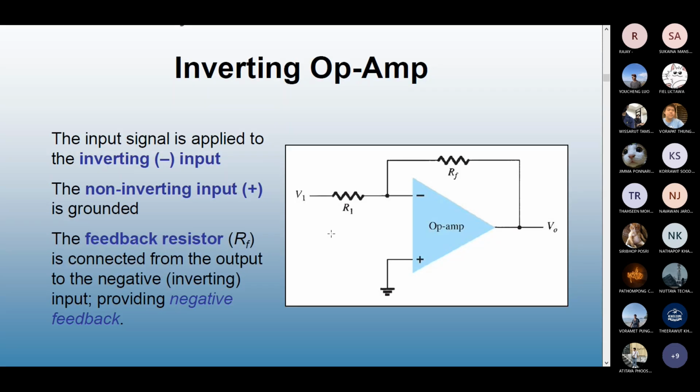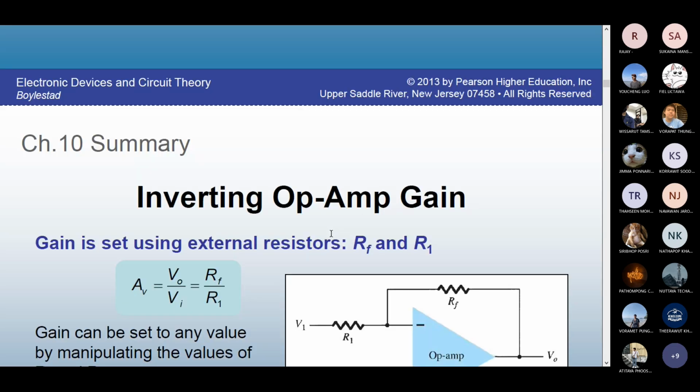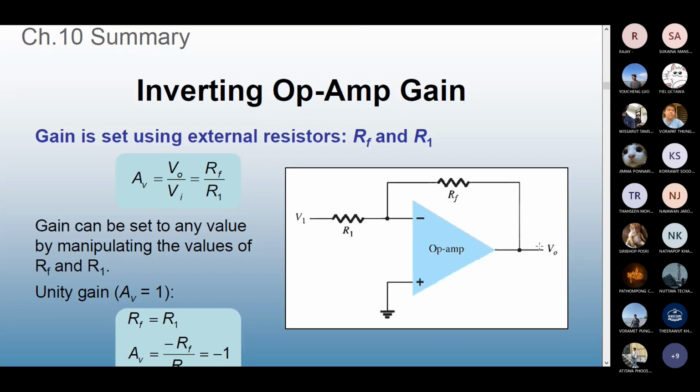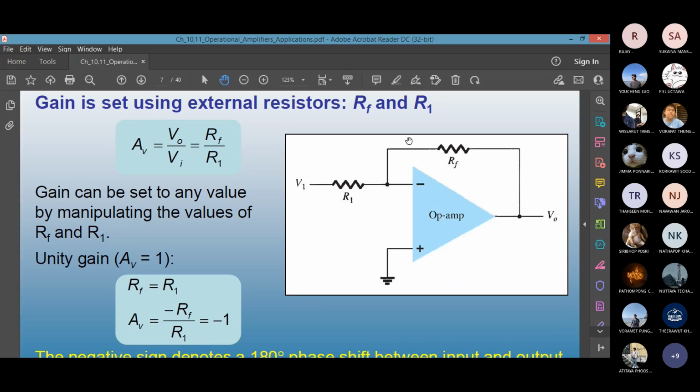You can actually calculate the gain. The voltage gain of this inverting op amp is negative RF over R1 times the input voltage. There's a derivation which I often ask. Here's the derivation that I would like to do in front of the screen.